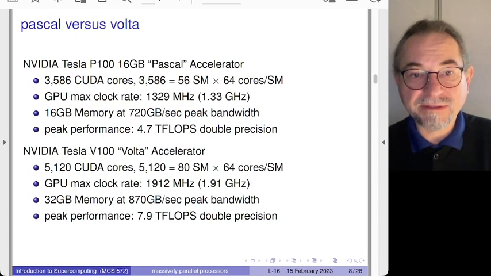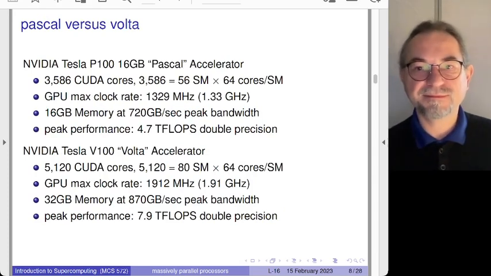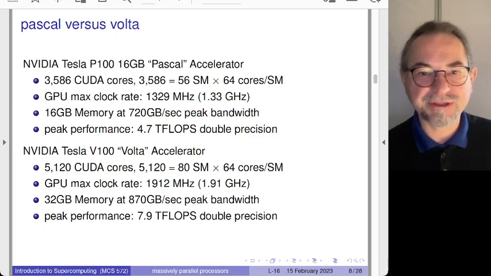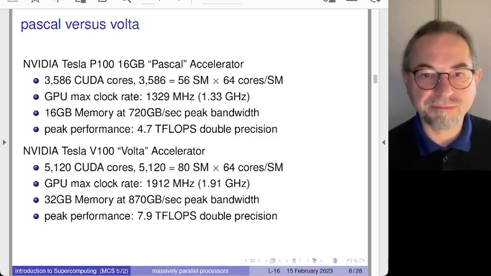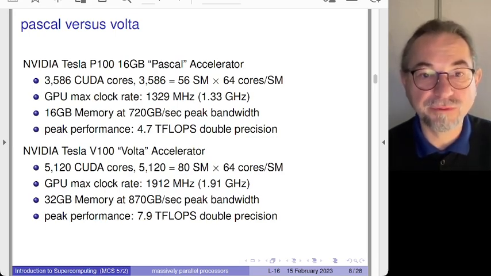Okay, I have access also to a Volta accelerator that was purchased shortly before the pandemic, and which I managed to quarantine at home, still at home. So you can see the evolution.